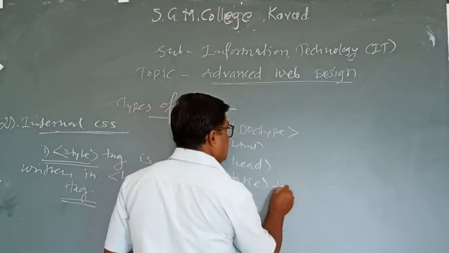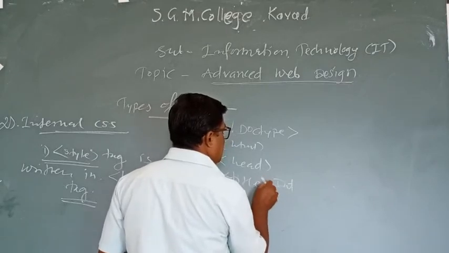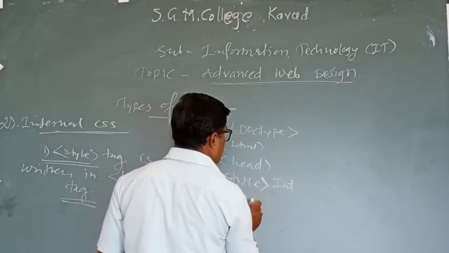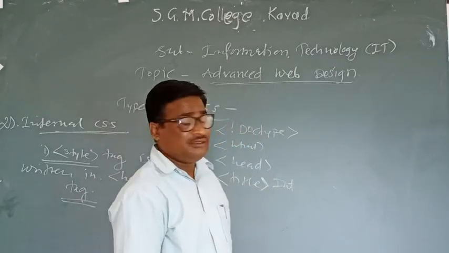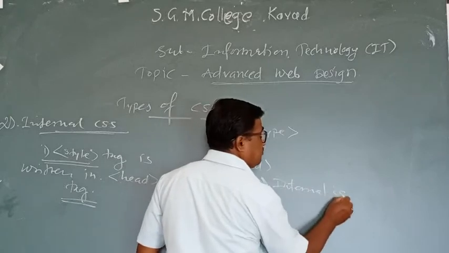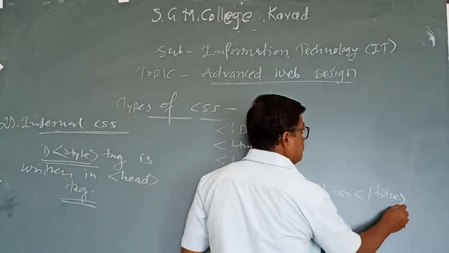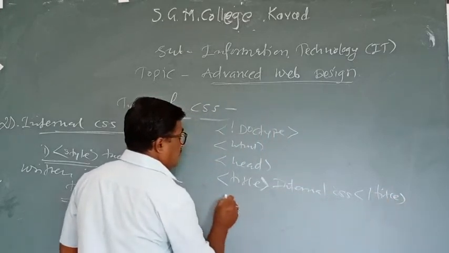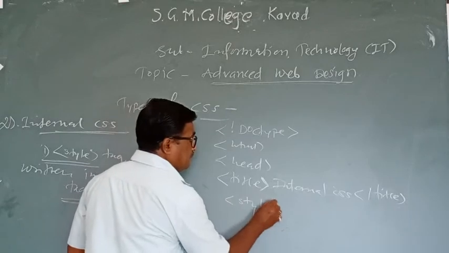Here title is for the title; any statement written in the title is displayed on the browser's title bar. Internal CSS, title close, and here we have to write the style tag.